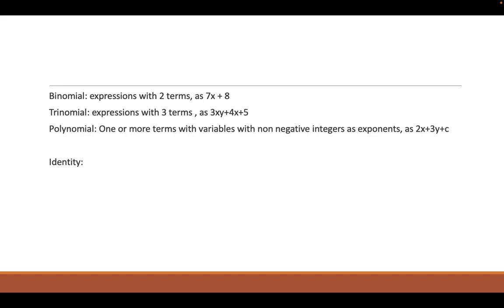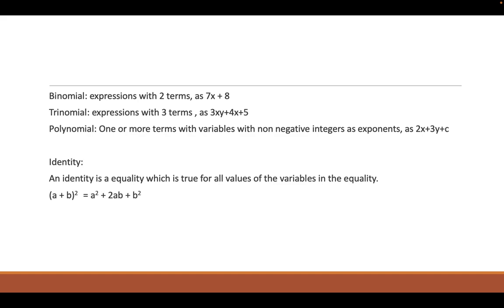We need to remember these identities in order to solve them. So let's see what they are. An identity is an equality which is true for all values of the variable in that equality. Now let's see one example. So this is an identity: a plus b whole square equal to this.